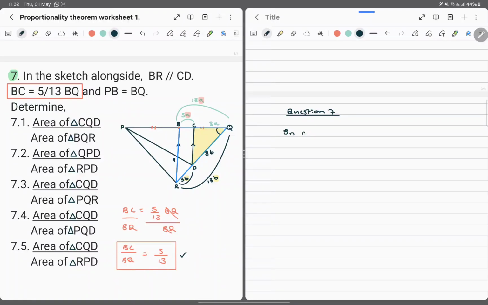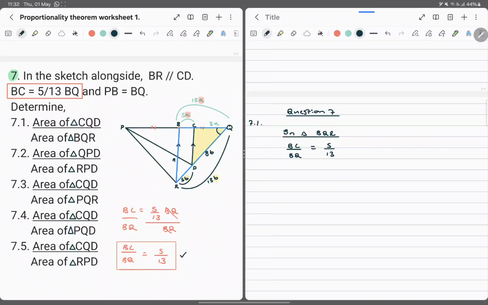So we'll say in triangle BQR, we're doing 7.1. Now in triangle BQR, we understand that BC is to BQ essentially 5 over 13. That's what this means.